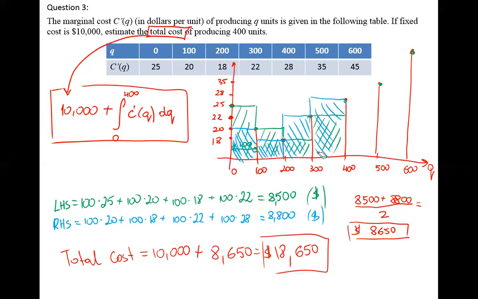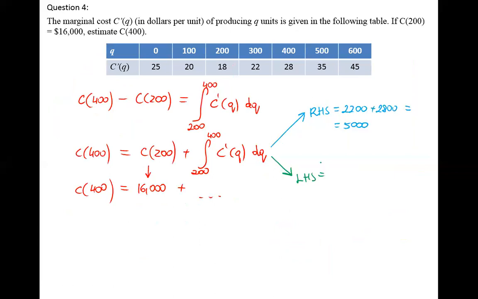Do you agree with this one? This one will be 18 and 22. Thank you. Please watch me because I think I know what I'm doing, but we never know when is the mistake. And this one is 4,000. Okay, that means we have the estimate.